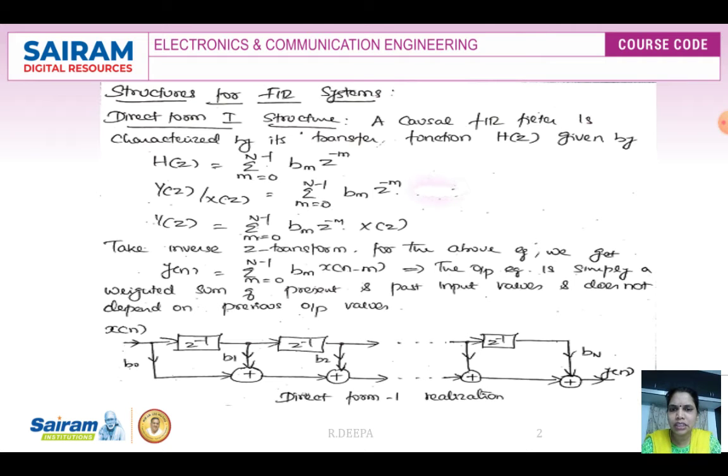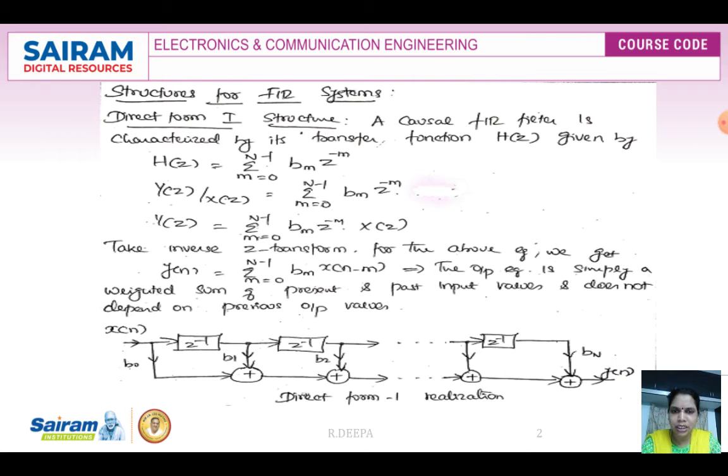Using this equation, if you observe, y of n will be the sum of the present input, that is x of n, and past inputs x of n minus 1, n minus 2, n minus 3, along with the weightages b0, b1, b2 and b3 and so on. Also you can observe it does not depend on the previous output. So directly we are writing y of n is equal to this.